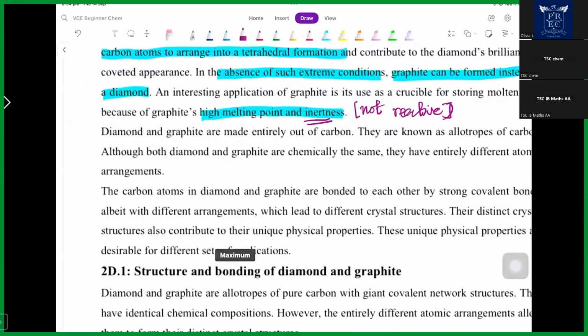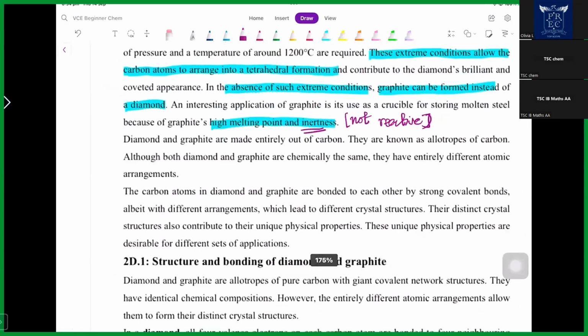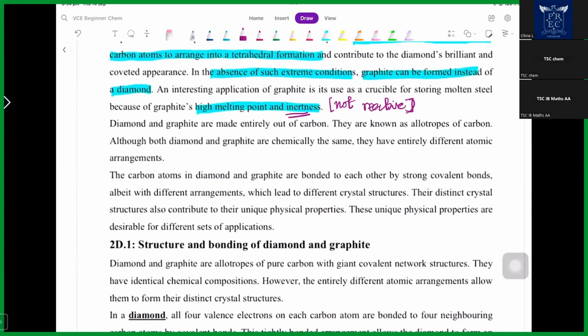So coming back here, there is one key point that you need to know. They are known as allotropes of carbon. What are allotropes?